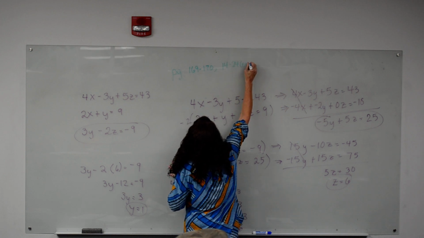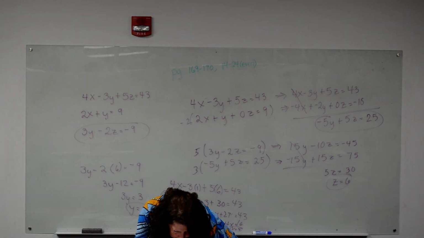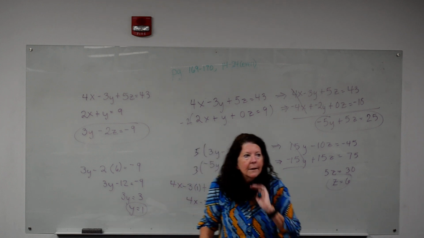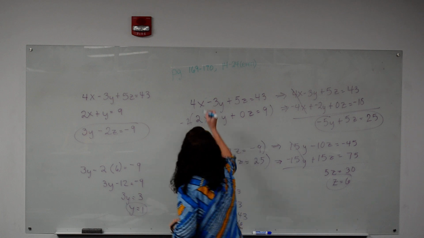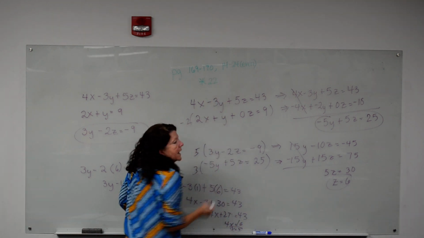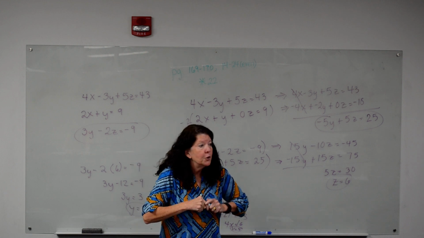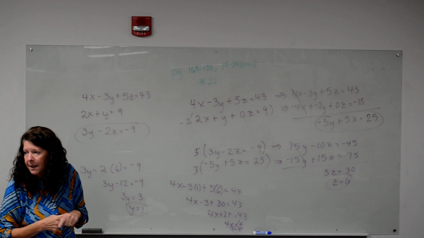It's just 14 through 24 even. There's a lot. The only one that does not come out to a whole number is number 22. So I'm going to put a star right there next to 22. Anything else, if you get a fraction or a decimal answer, you've done something wrong.